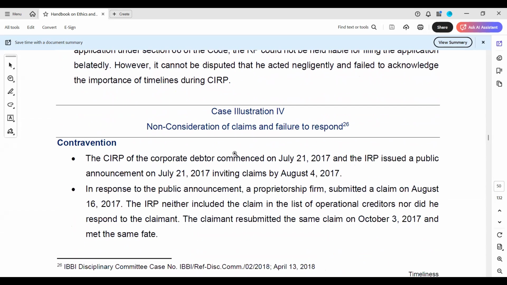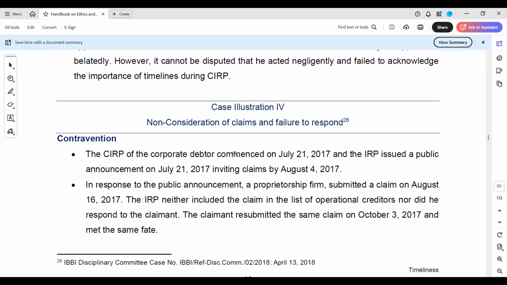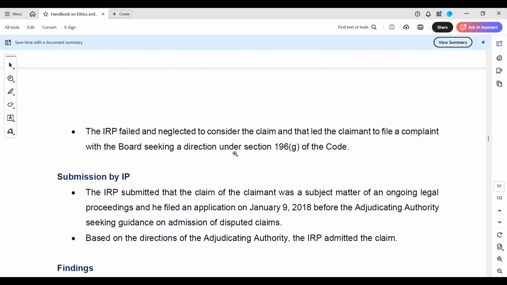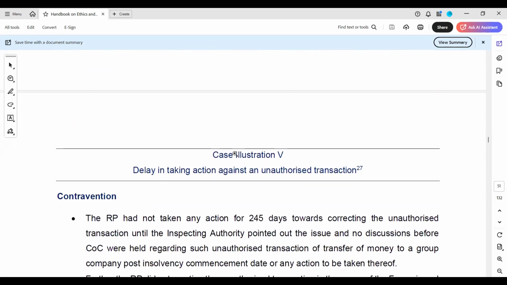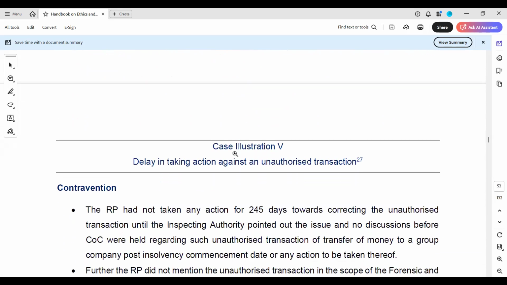Non-consideration of claims and failure to respond. Delay in taking action against an unauthorized transaction.